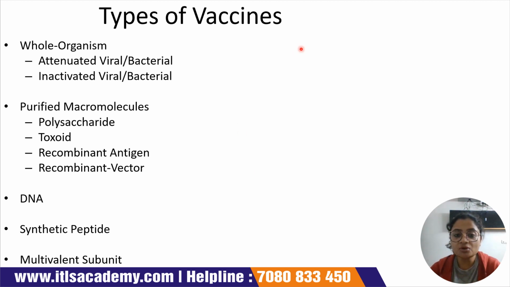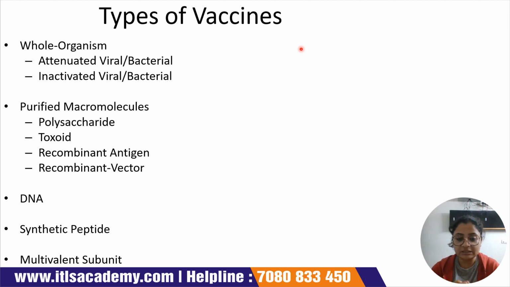Attenuated means attenuation has occurred, meaning only the infective part of that material has been taken out. The part which is responsible for causing the infection is taken out, and the remaining part of the organism is intact. Only the infectivity has been lost. And another one is inactivated, meaning it's killed. The virus or the bacteria or the fungi, whatever it is, is killed.